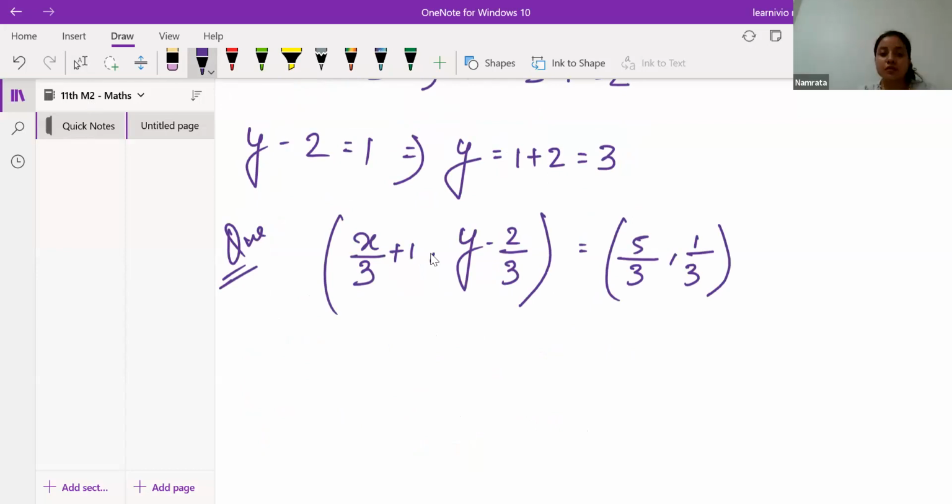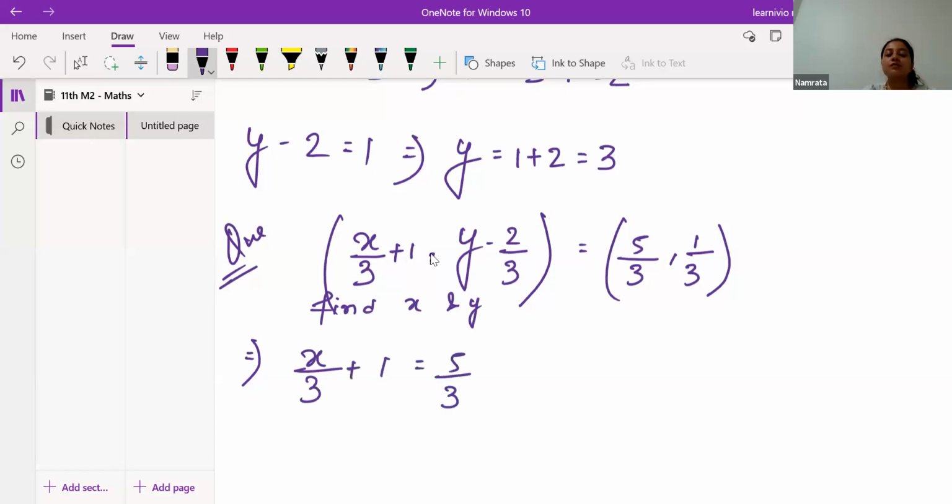Here we have to find the value of x and y. Yes, Lina, what can be taken over here? x by 3 plus 1 is equal to 5 by 3.